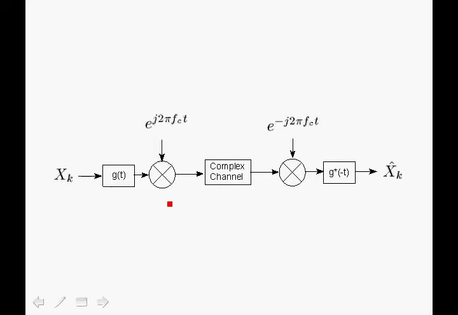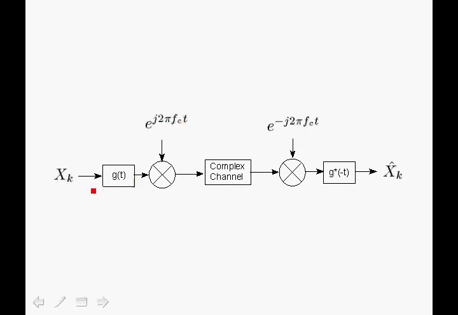Now here we can actually show the whole modulation and demodulation process using the complex envelope. So we take x of k, which are the complex symbols from the constellation, we apply pulse shaping, we do a complex modulation e to the j2 pi f c t, we go through the complex channel, so we represent the channel as a complex channel, and then we do the demodulation by multiplying by e to the minus j2 pi f c t, which clearly cancels out e to the j2 pi f c t.